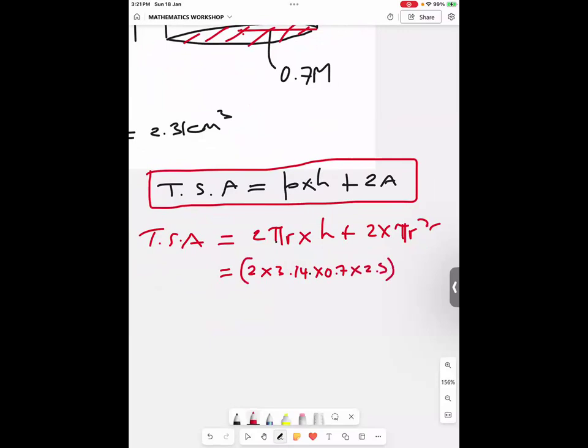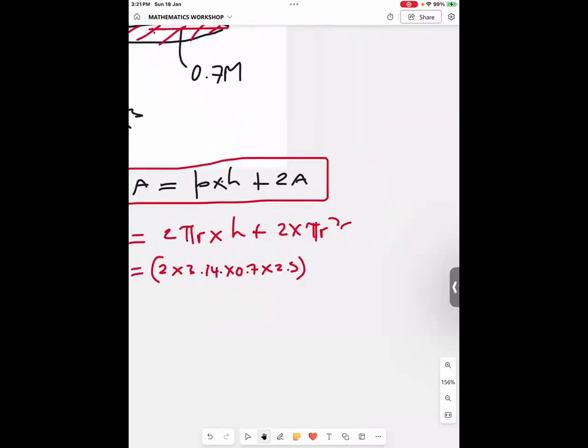So 2 times pi times the radius times the height. And then we're going to add 2 times pi r squared: 2 times 3.14, that's pi again, times the radius squared, so that's 0.7 squared. We're going to work out the first part. What is 2 times 3.14 times 0.7 times 2.5? Let's do that part first.